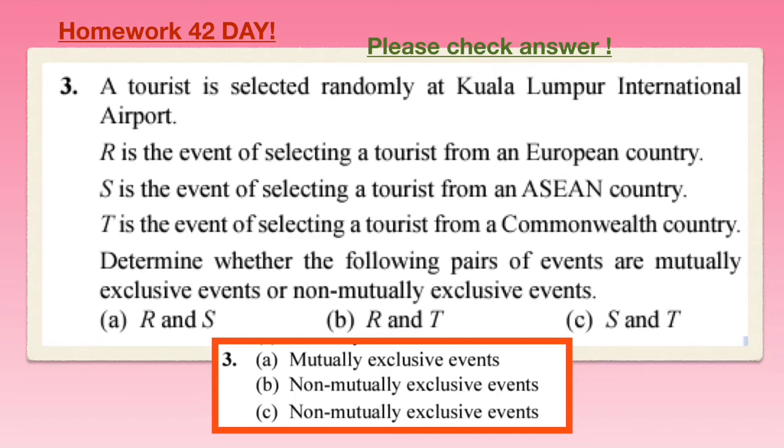So they can happen at the same time, so it is a non-mutually exclusive event. Same thing applies to S and T. A tourist from an Asian country also can be a tourist from a Commonwealth country. So they are non-mutually exclusive events.